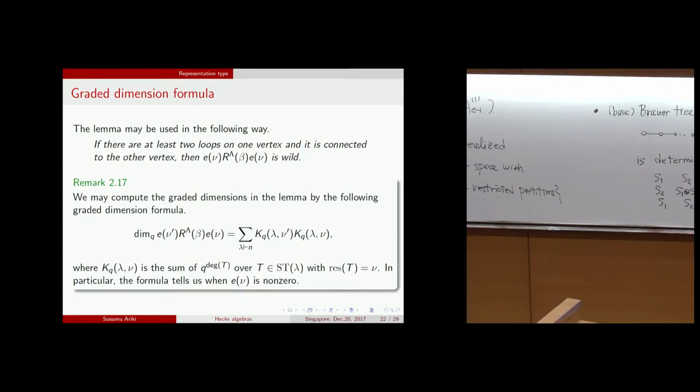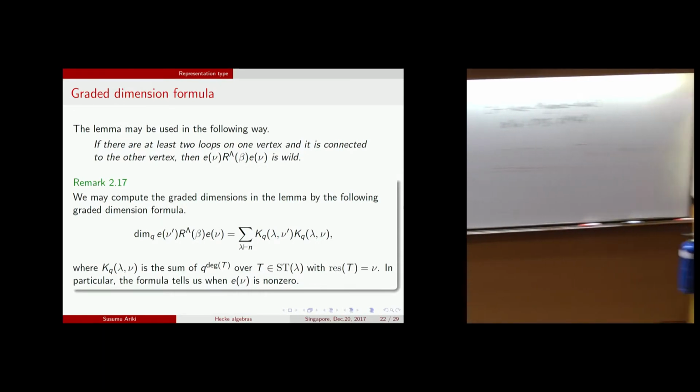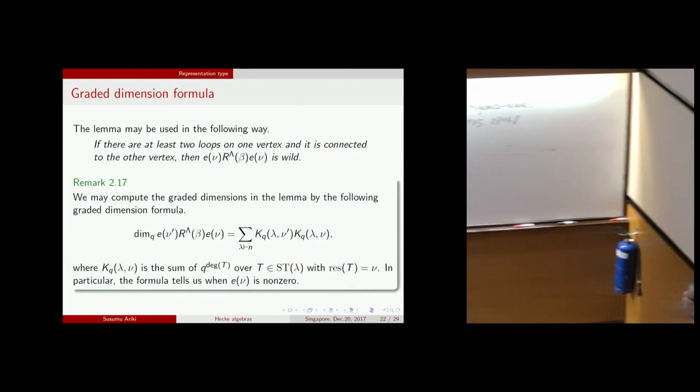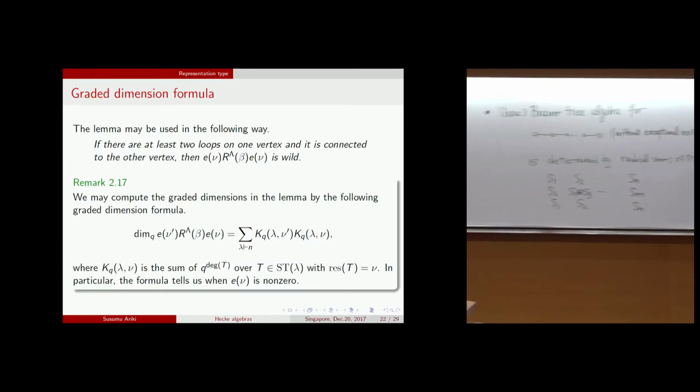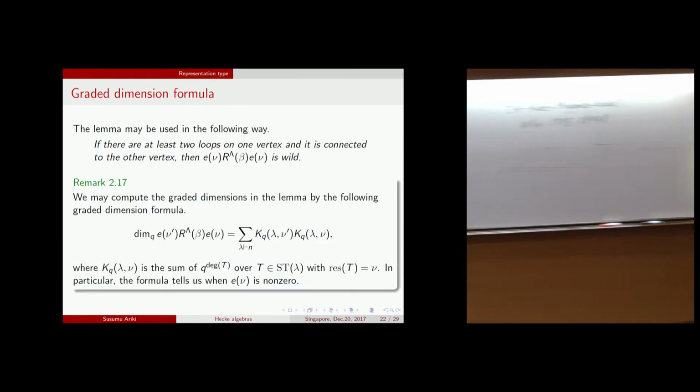But we may compute the graded dimensions in the lemma by the following graded dimension. This is purely combinatorial. So for k q lambda is the sum of q to the degree of t, over t standard tableau of shape lambda such that the residue sequence is equal to nu. And since we were working with A1L, A1E minus 1, this basically result was due to Brundan.